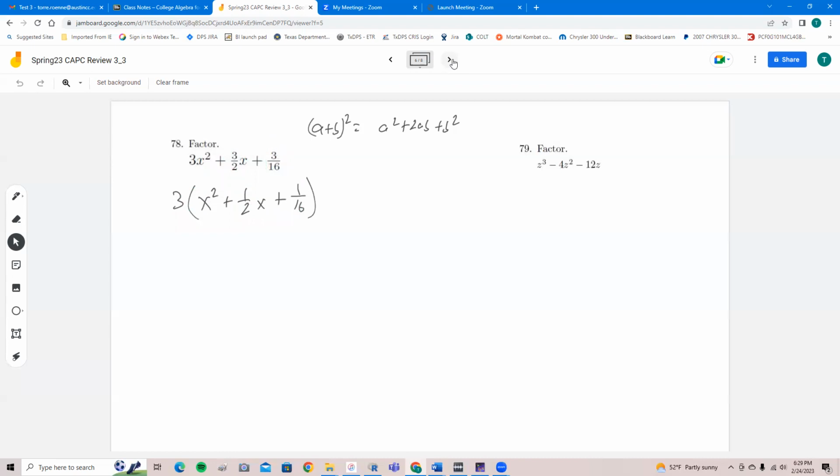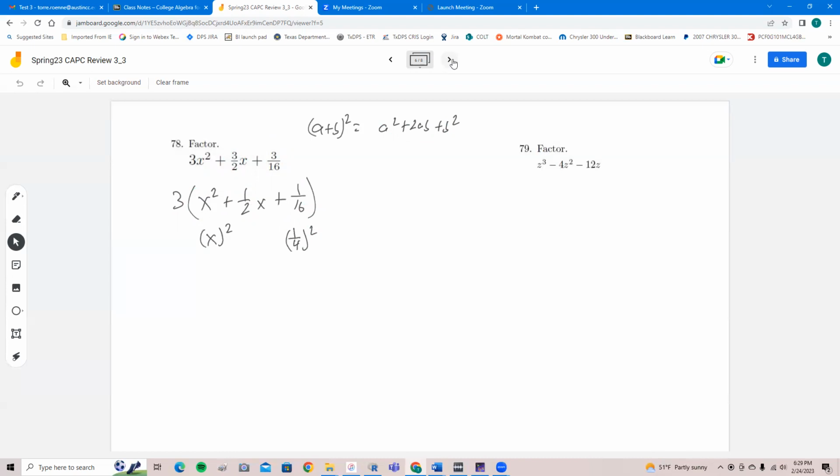Okay, now inside these parentheses, we have this kind of setup, because if you think about it, this is x squared and this is 1/4 squared.